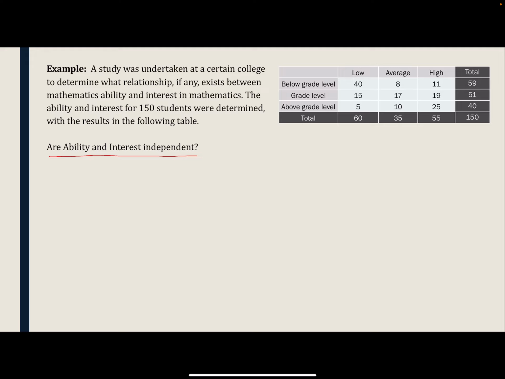So we'd already talked about high and grade levels. So let's just pick those. Let event A be high interest and event B be grade level ability.